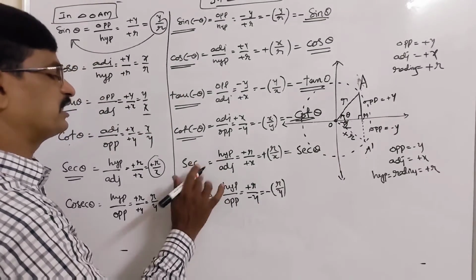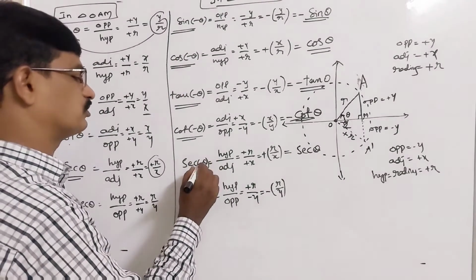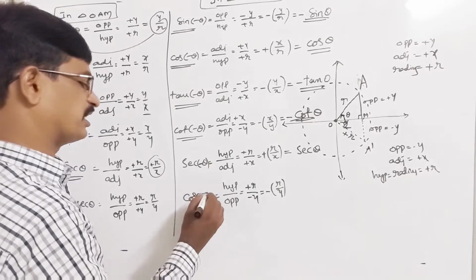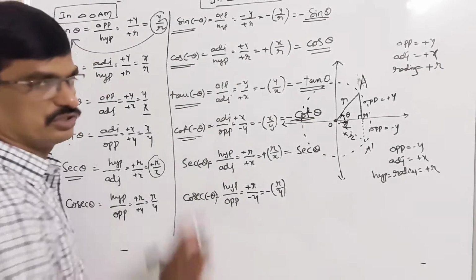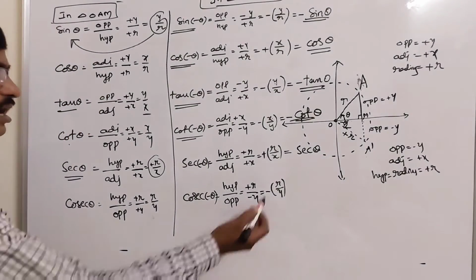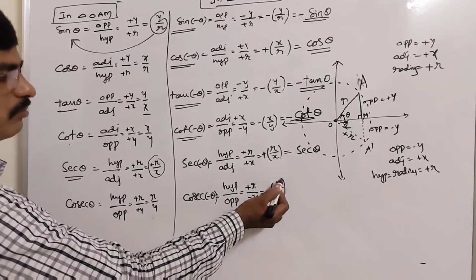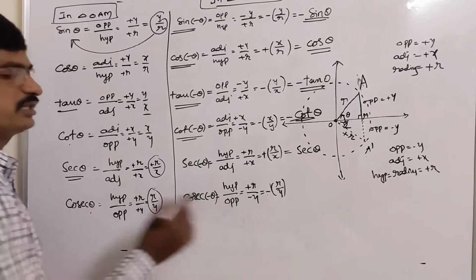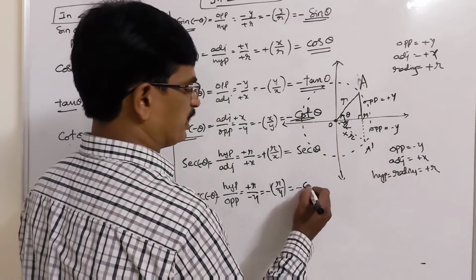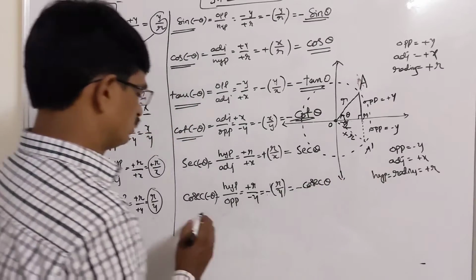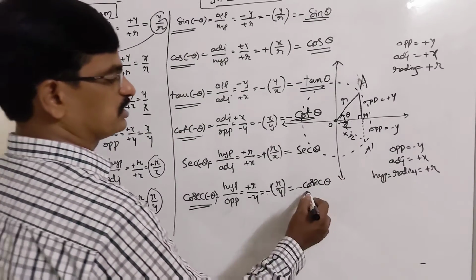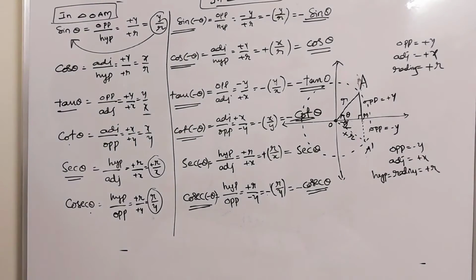That is, secant of minus theta is equal to secant theta only. Next, minus of r by y, but r by y here is cosecant theta, minus is there, minus cosecant theta. That is, cosecant of minus theta is equal to minus cosecant theta.